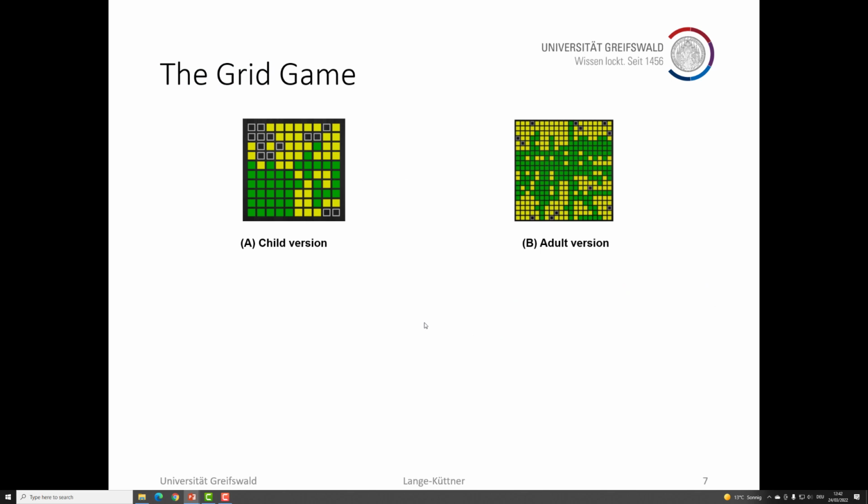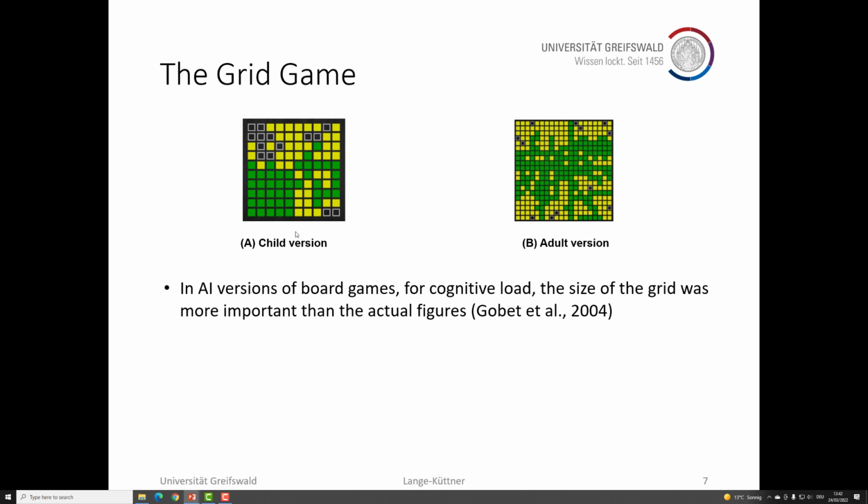Now, this is our child and adult version of the grid game. You can see that the grid game for the children is smaller, because in artificial intelligence versions of the board games for cognitive load, the size of the grid was more important than the actual figures that were used to make moves.